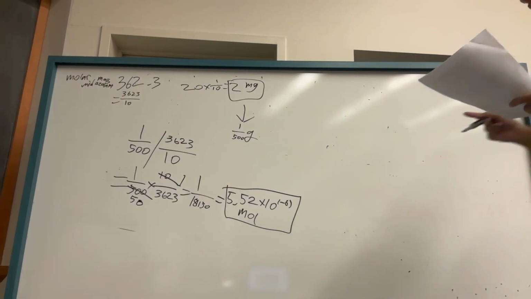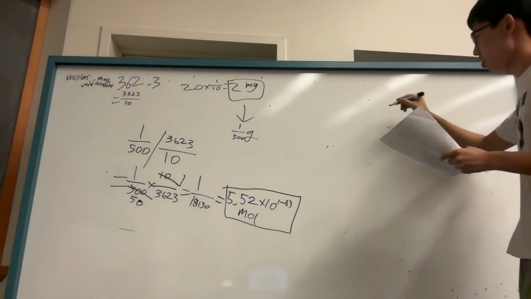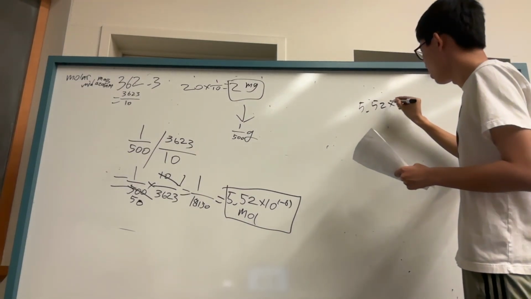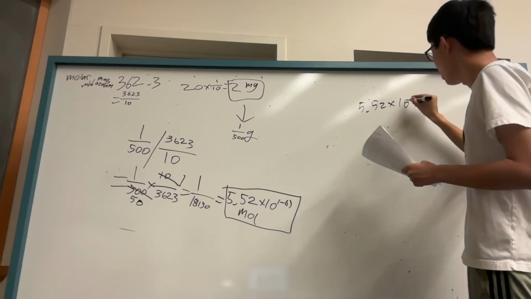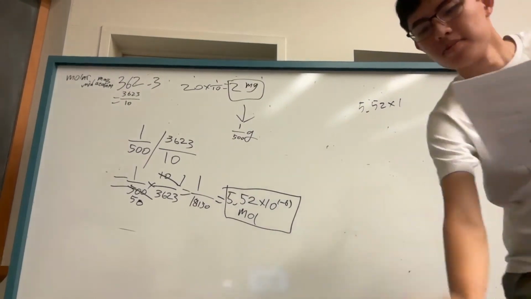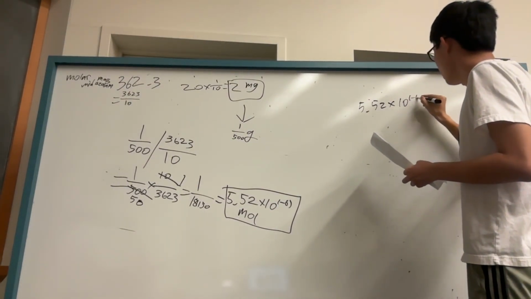So this is the moles they're giving to the child in the question, and multiplying that by Avogadro's number will give the molecules. This is a 10, not a 6. This is a 6.